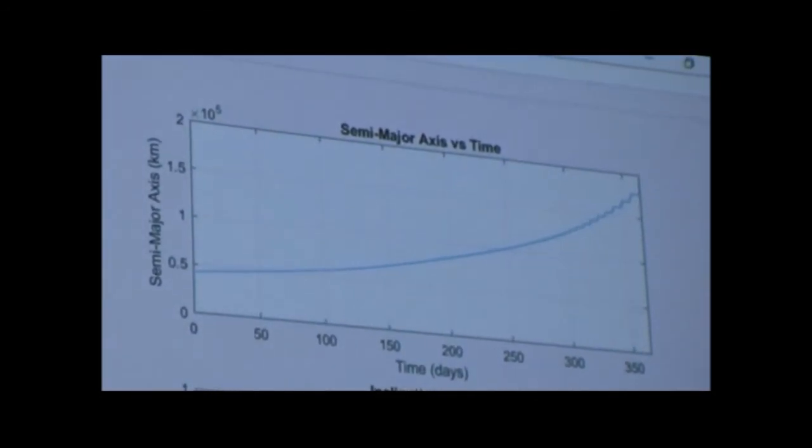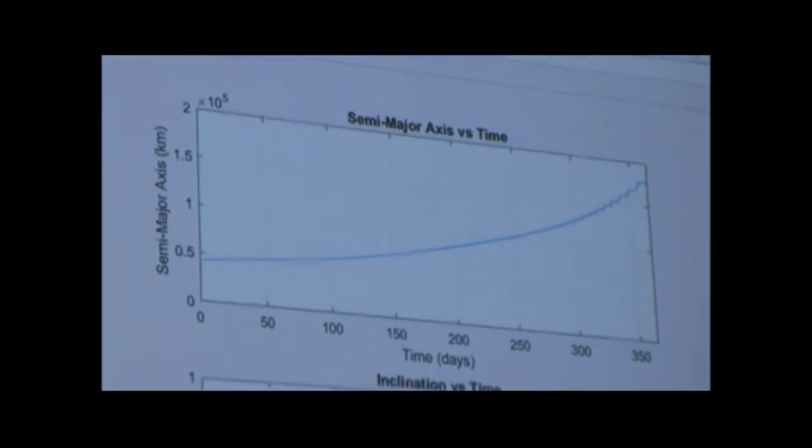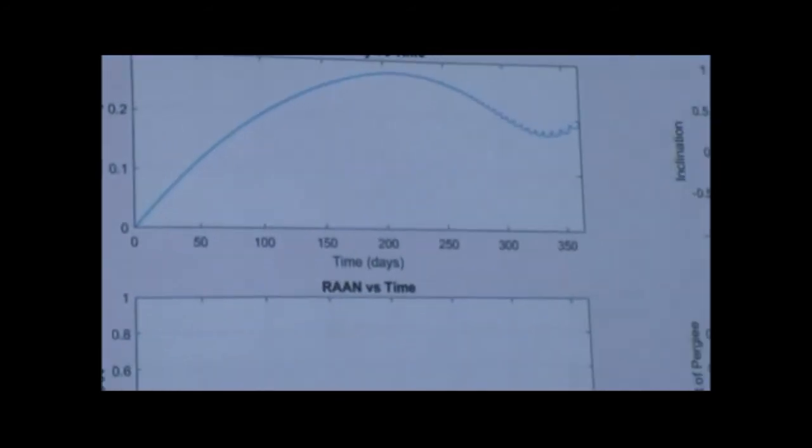Since we have no other perturbations going on, the inclination's not changing, and since we're in a circular orbit, we have pretty much an undefined RAAN and argument of perigee here, but all the action here is in the eccentricity and the semi-major axis.